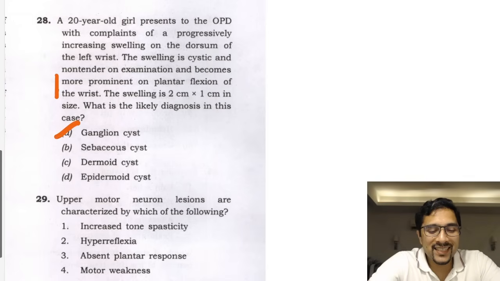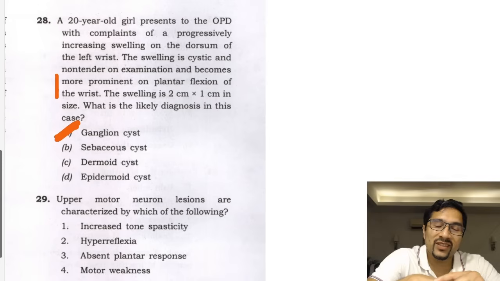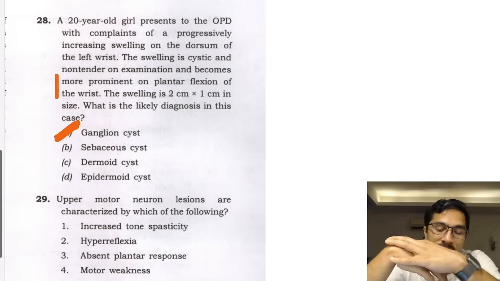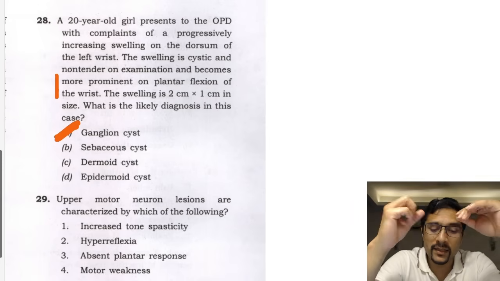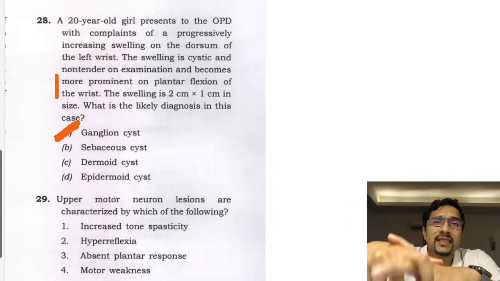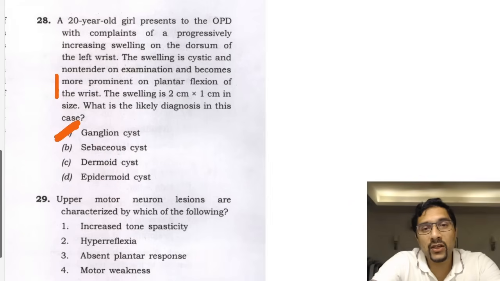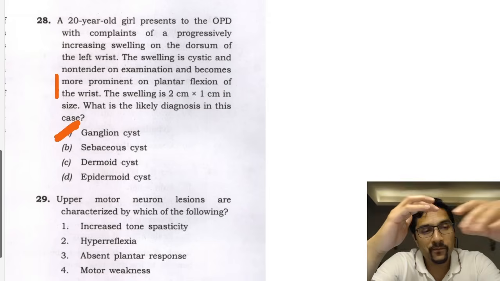This is a classical ganglion cyst based on the description and location. It is on the dorsum of the hand, usually linked with the tendon. These ganglion cysts we aspirate, and we can inject hyaluronic acid into these lesions to prevent a recurrence.